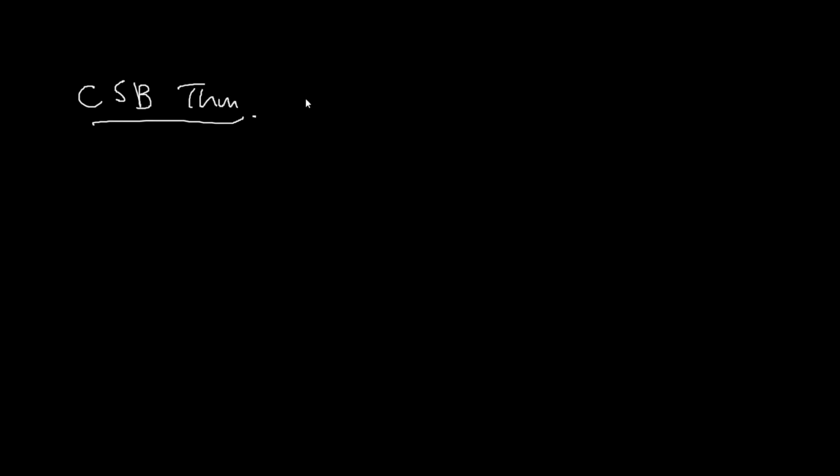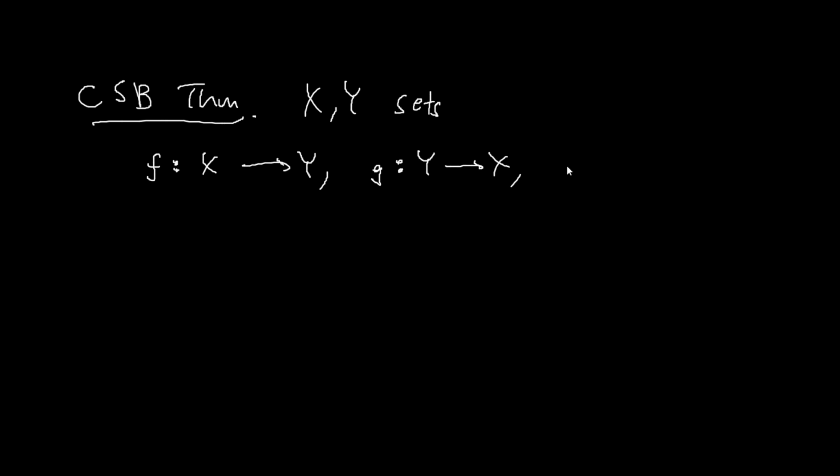And the idea is that given two sets X and Y, if there is an injective function f from X to Y, and if there's an injective function from Y to X, so they're both injective, then there is a bijection between X and Y, like this.